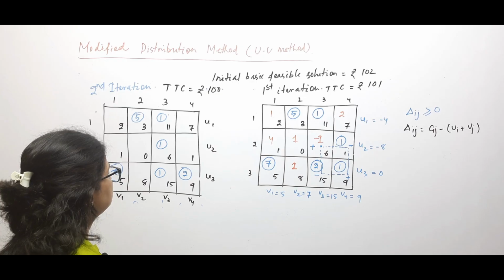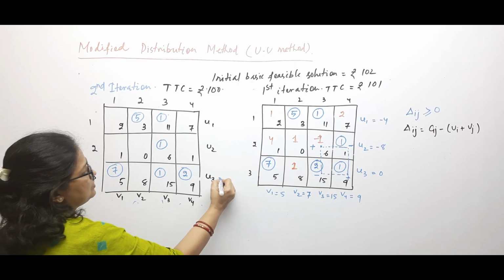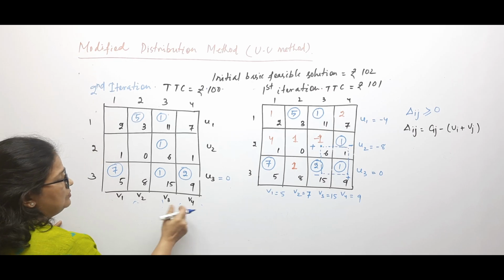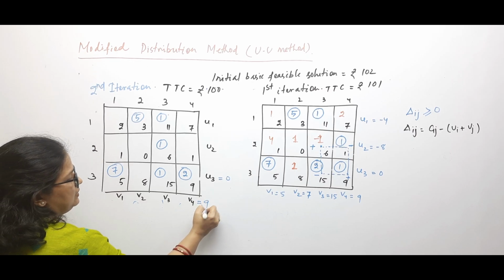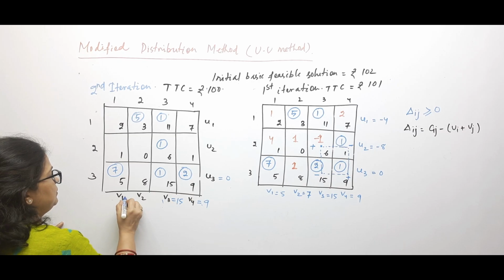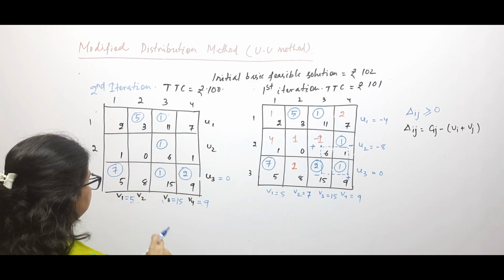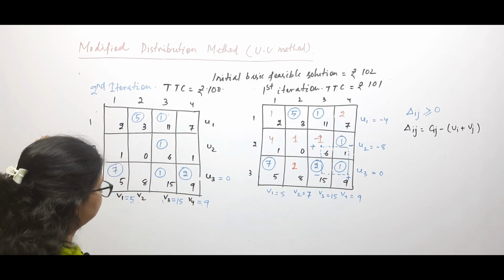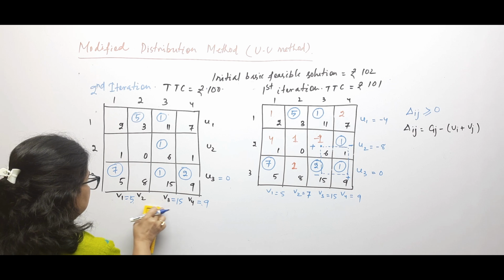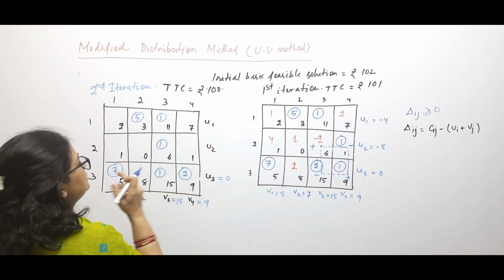Let us first calculate the U and V values. So U3, assume this is 0. Now V4 equal to 9, V3 equal to 15 and V1 equal to 5.